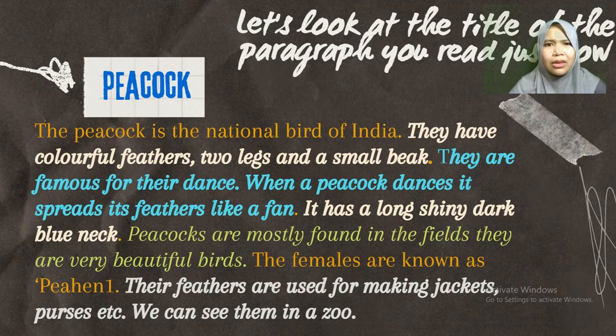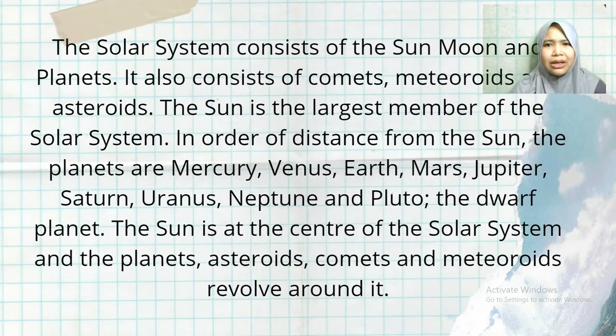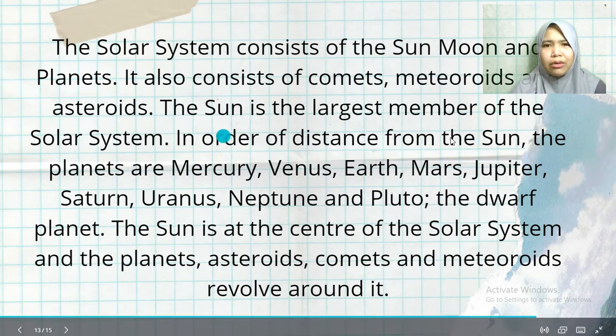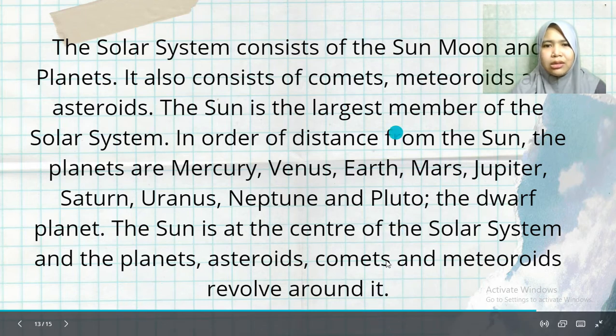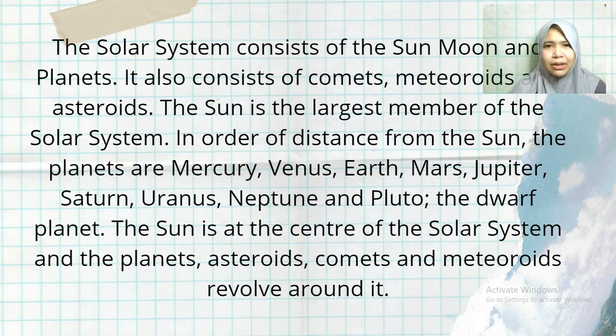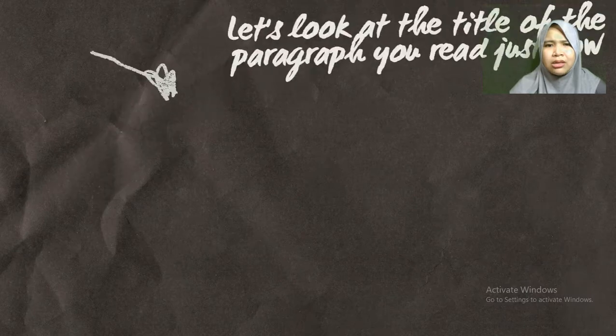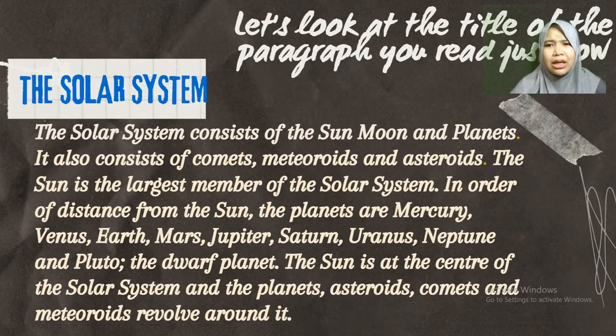Okay, now let's look at the second paragraph, the solar system, sun, moon, and all of this. So we know that the main idea is solar system. What about the supporting details of this paragraph here? You can read and look at it.